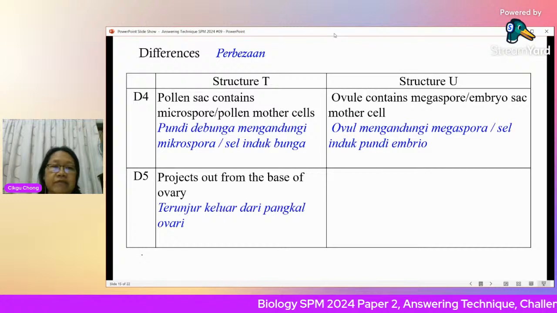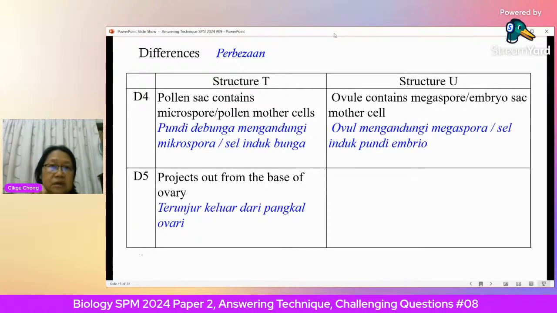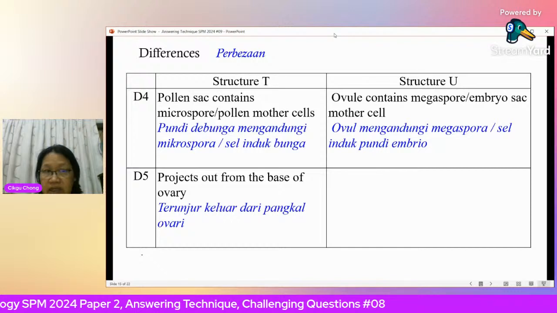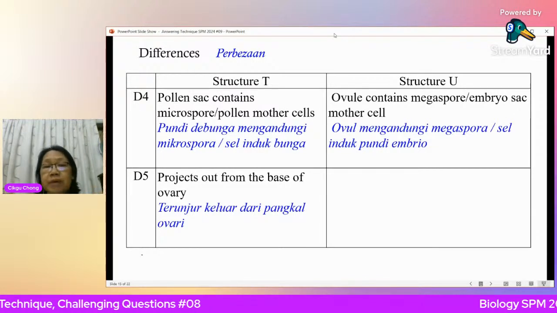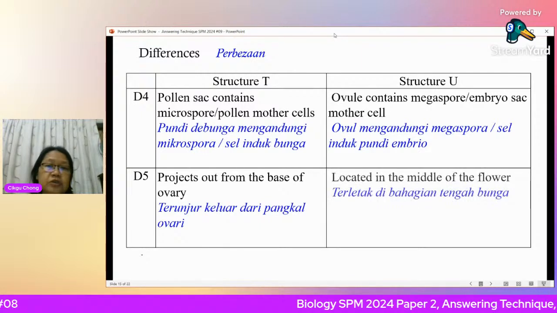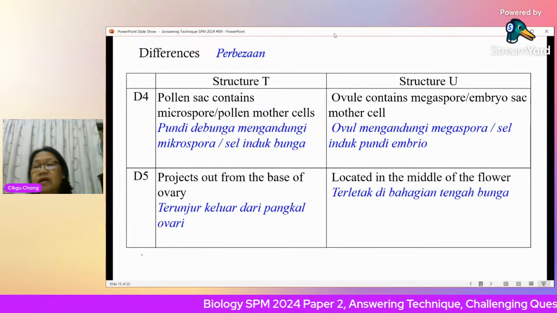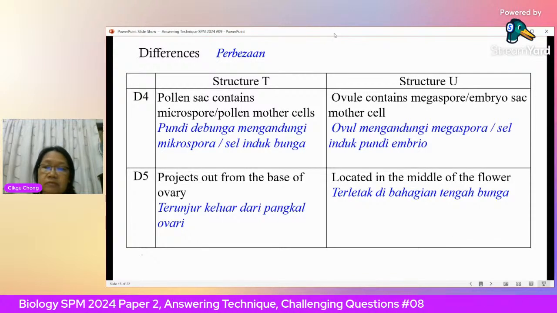Where is the location of this structure? For structure T, it projects, means it comes out. It juts out from the base of the ovary, while structure U is located in the middle of the flower. This is the female part, the pistil.